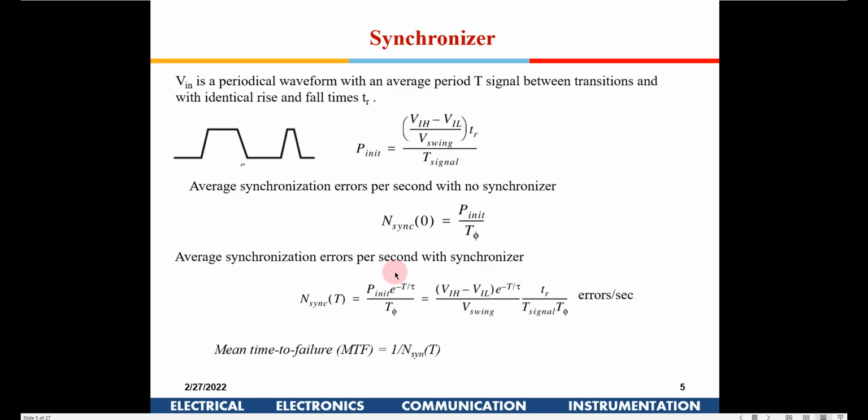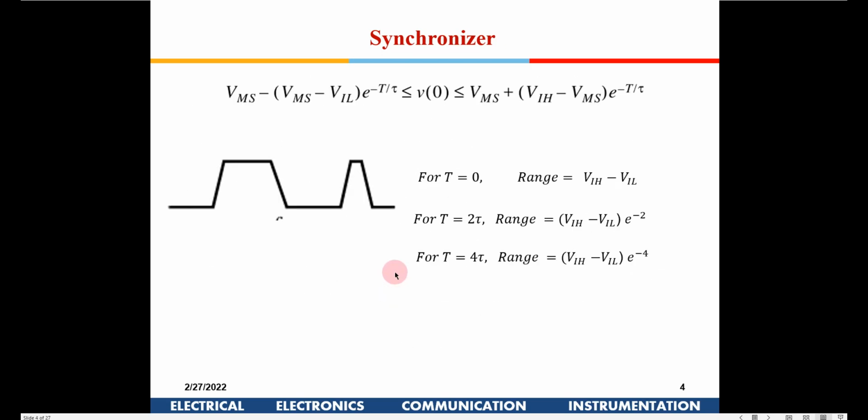Now, if you see, this is the input signal. Here the input is 0, here the input is 1, and we are going to sample the signal. So this is one transition from low to high. Let's concentrate only on one particular transition.